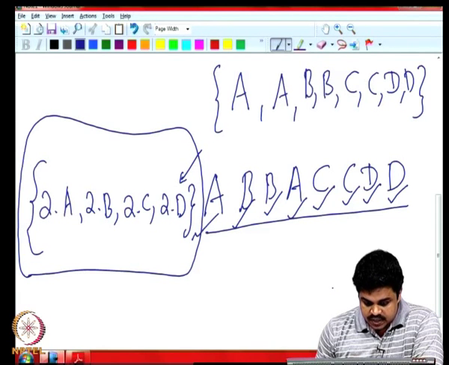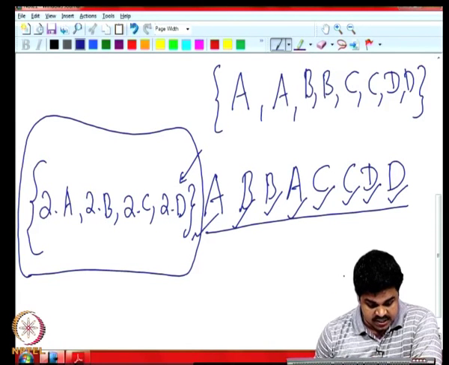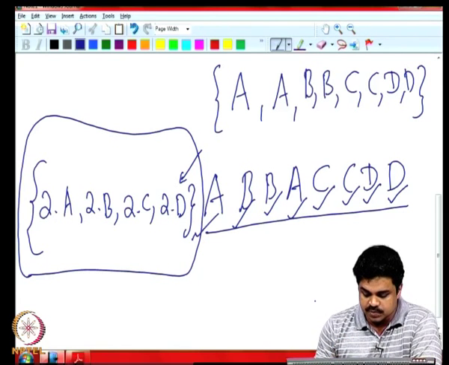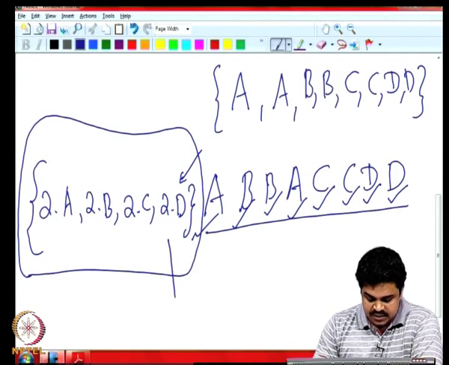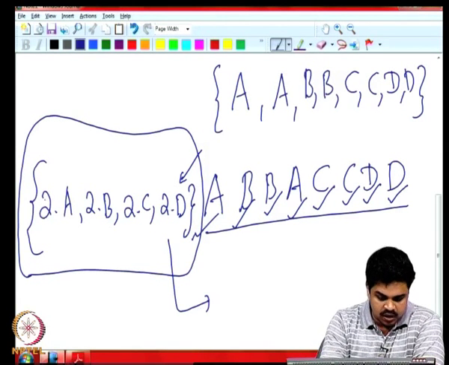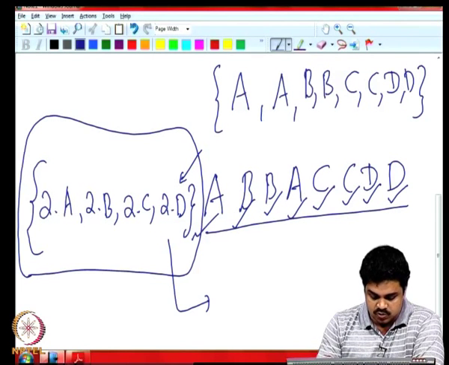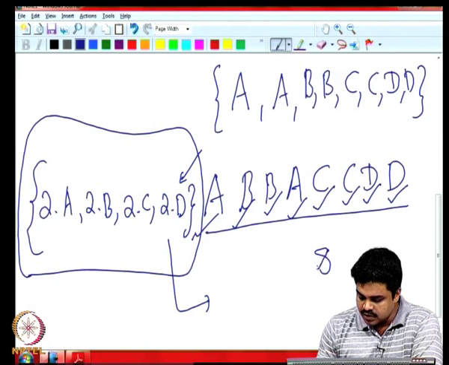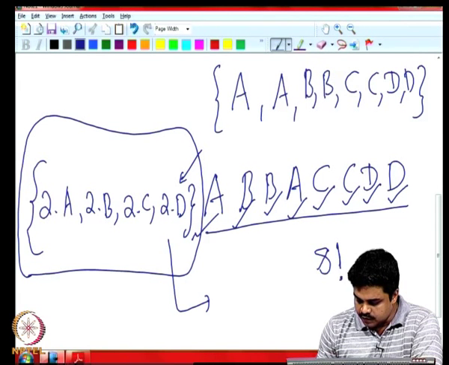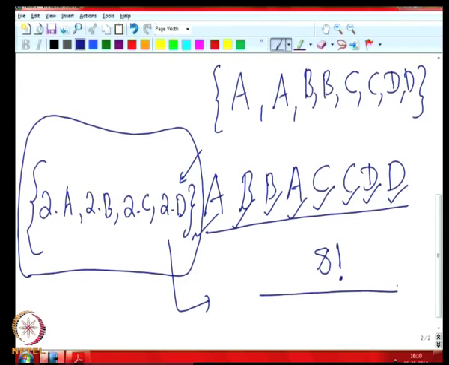Now, we know the answer if there was no further restriction. How many permutations are possible for this multi-set? The cardinality of the multi-set is 2 plus 2 plus 2 plus 2, that is 8. So, that is 8 factorial divided by 2 factorial into 2 factorial into 2 factorial into 2 factorial.